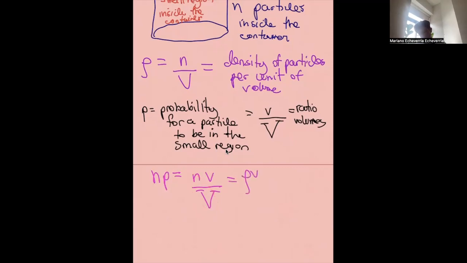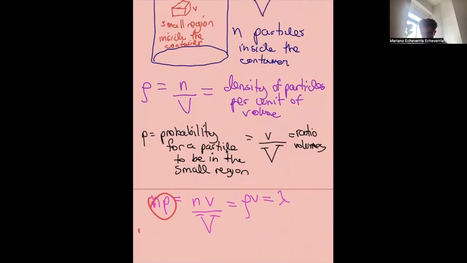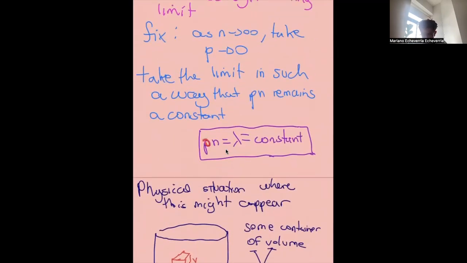So it's the density times this small volume. This product n times p is what I was calling pn before, and that's what I'm taking to be constant.